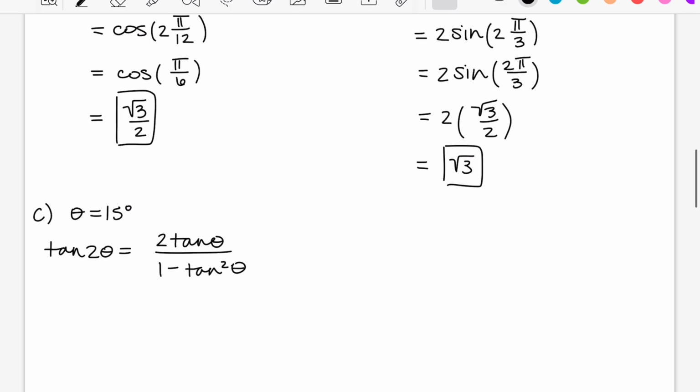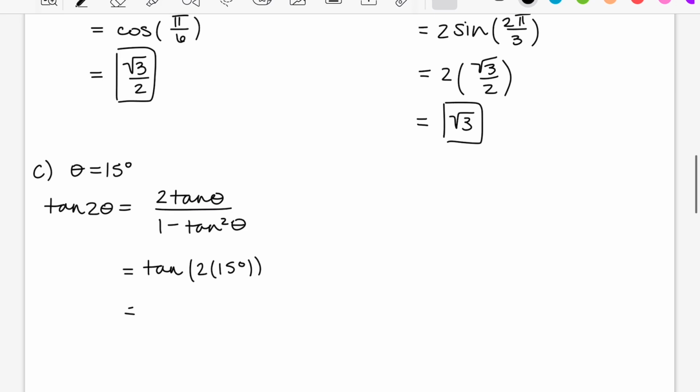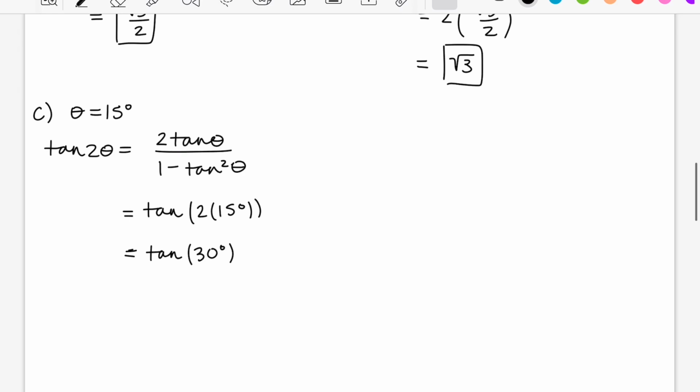So what we'll do here is evaluate this using the fact that theta is equal to 15 degrees. We have tangent of 2 times 15 degrees. This will be tangent of 30 degrees, just multiplying those.